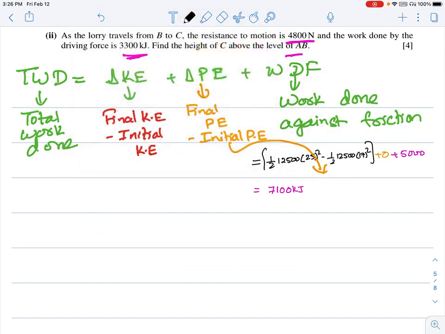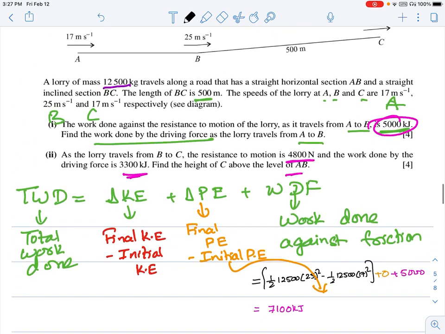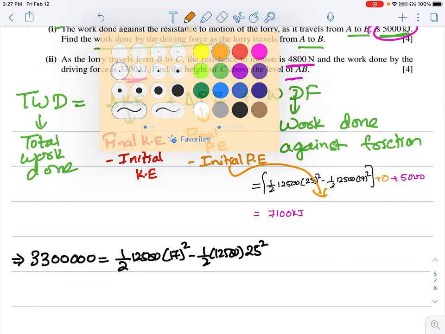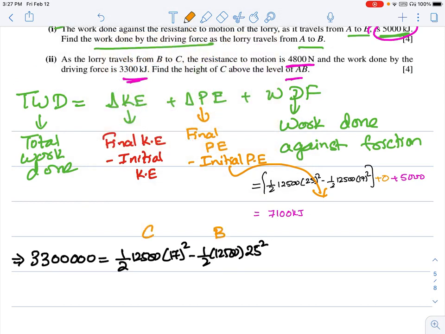Total work done is nothing but 3,300 kilojoules, equal to delta KE: 1/2 times 12,500 times 17 squared, final, minus initial, 12,500 times 25 squared, because I'm talking about B to C. So this is at C, this is at B.